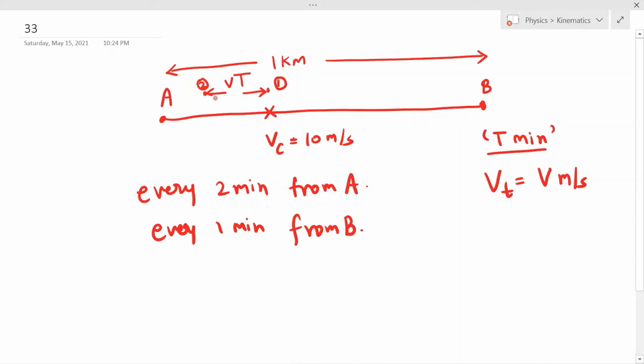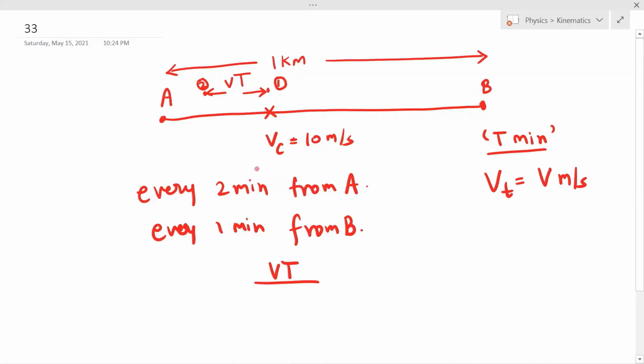And this distance is covered in 2 minutes, because every 2 minutes the cyclist encounters a taxi coming from A. So this will be distance Vt divided by, now this distance is covered by the taxi with respect to the cyclist in 2 minutes. So I have to write the relative velocity over here.